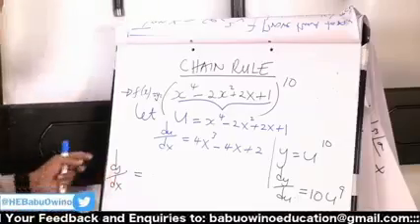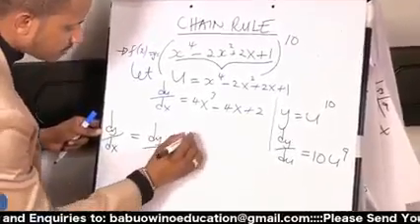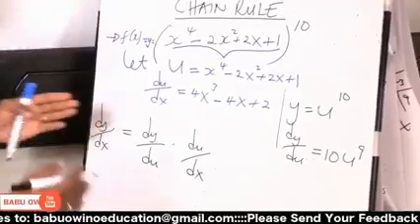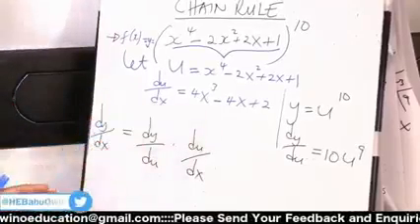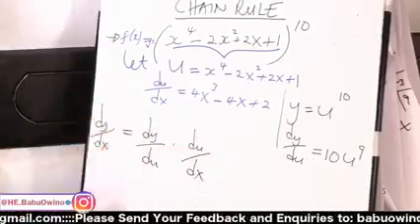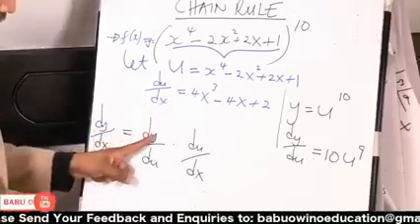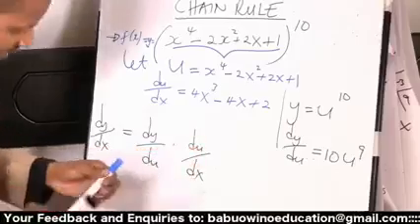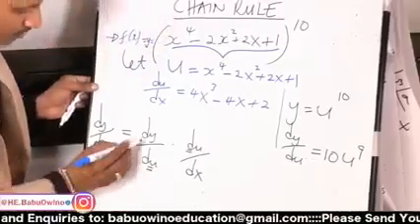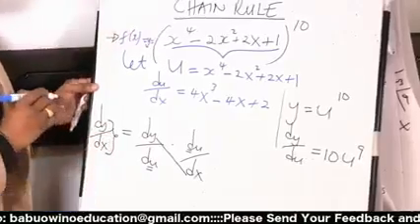Therefore, dy dx equals to dy du times du dx. This is just playing around with these differentials, with these letters. dy dx equals to dy du times du dx, such that you can easily cancel du and du, so that you remain with dy dx, which is this dy dx.